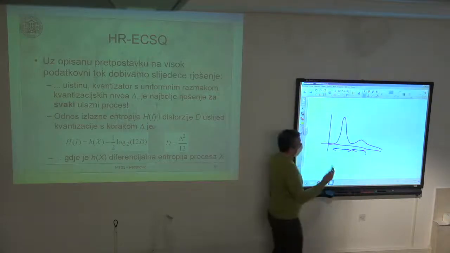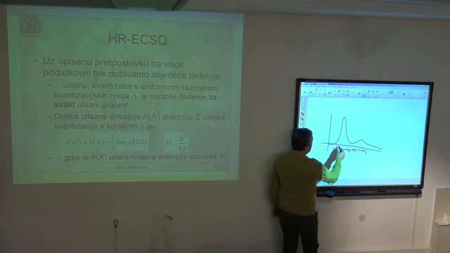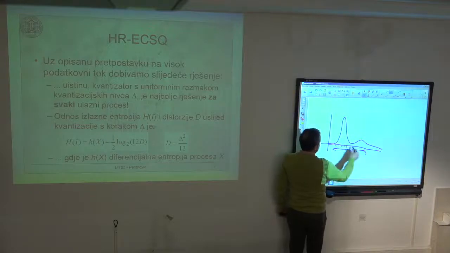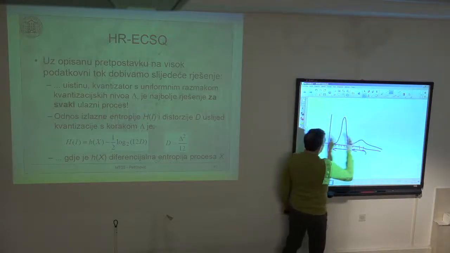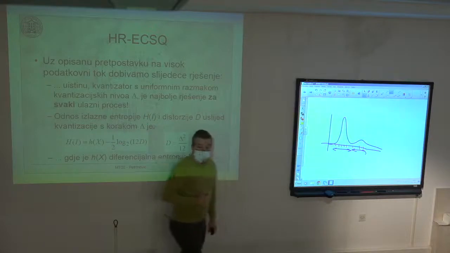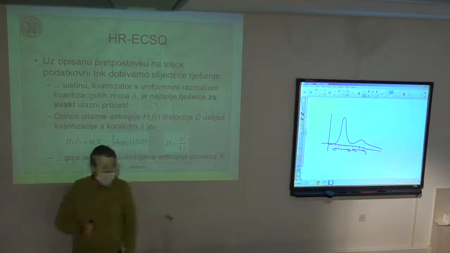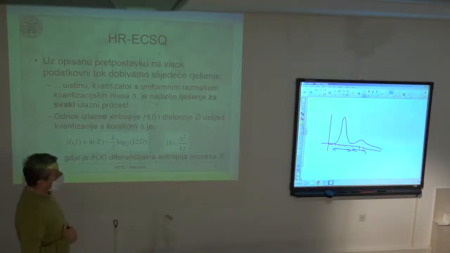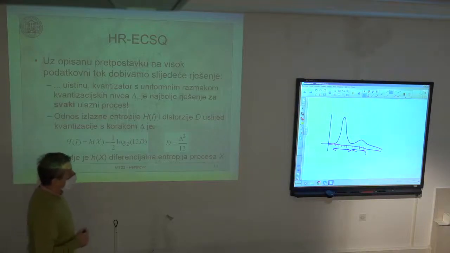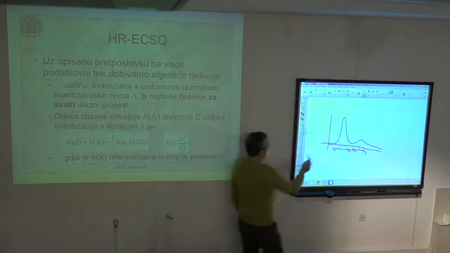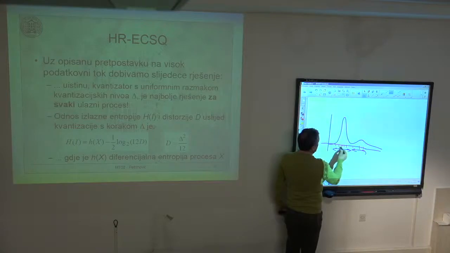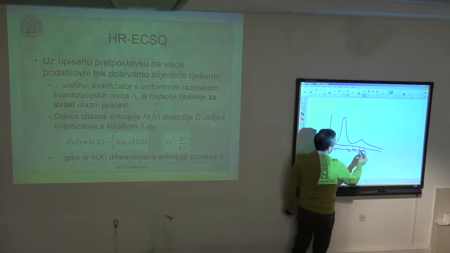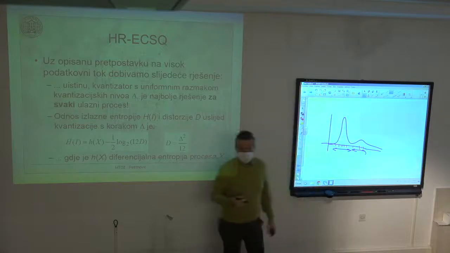A logical assumption would be to put them somewhere around here. Maybe these are the 8 possible quantization levels that would model this PDF. So if the density is higher, I would require a smaller step size. If the density is lower, I will allow a greater step size.